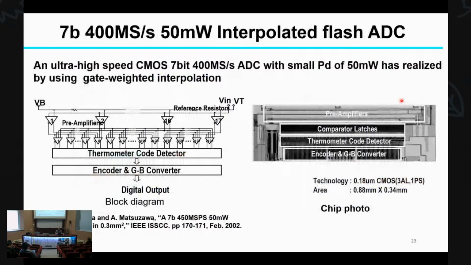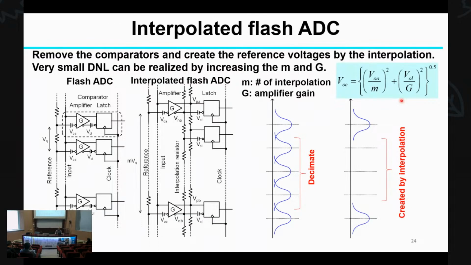How to realize this? This is a chip of the ADC, and I am using the interpolation method. This is a flash ADC, and this is a large preamplifier. So in the interpolated flash ADC, we skip this and connect between the two amplifiers using a series of resistors.